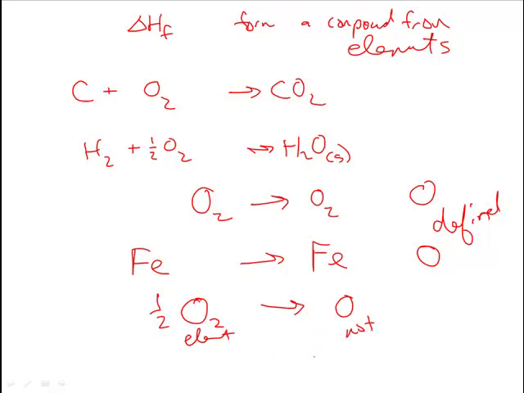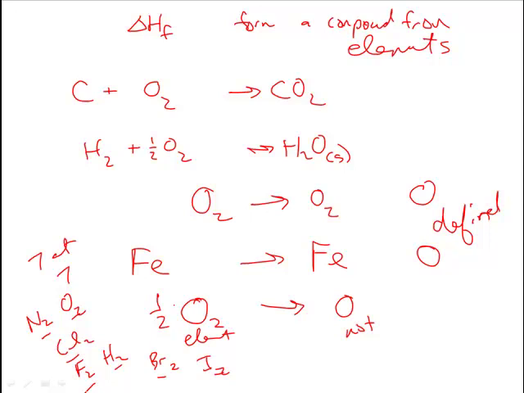Oxygen by itself is extremely reactive, and that's why we have to remember the 7 at 7, the diatomic elements: nitrogen, oxygen, chlorine, fluorine, hydrogen, bromine, iodine. 1, 2, 3, 4, 5, 6, 7. I did them out of order.